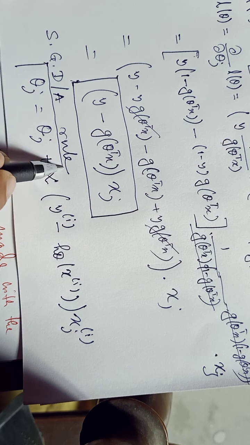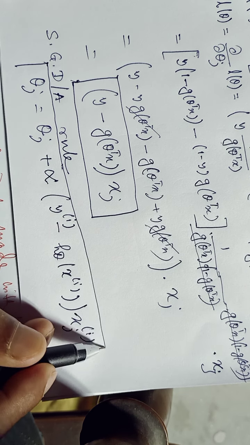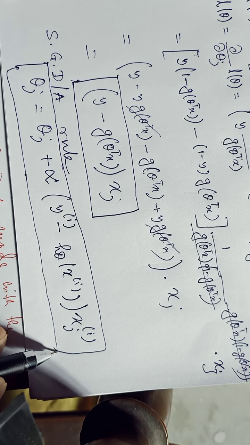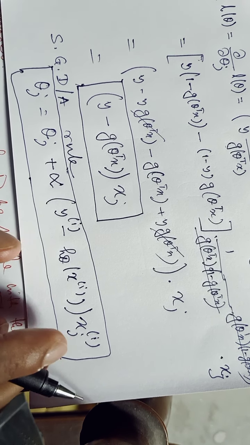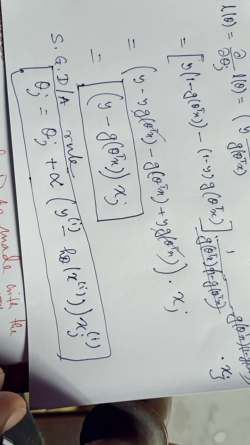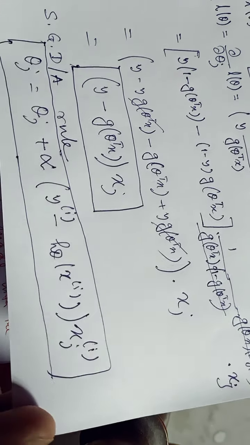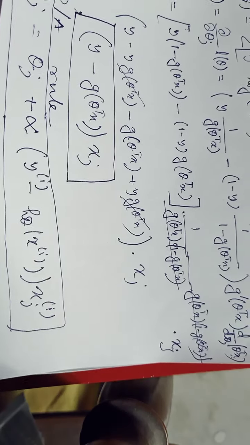So the stochastic gradient descent rule for the logistic regression is also this. By applying this we can update the parameters for the logistic regression. So this is all about the update rule for classification. If we follow this, we can find the update rule for classification and we can get the classes.